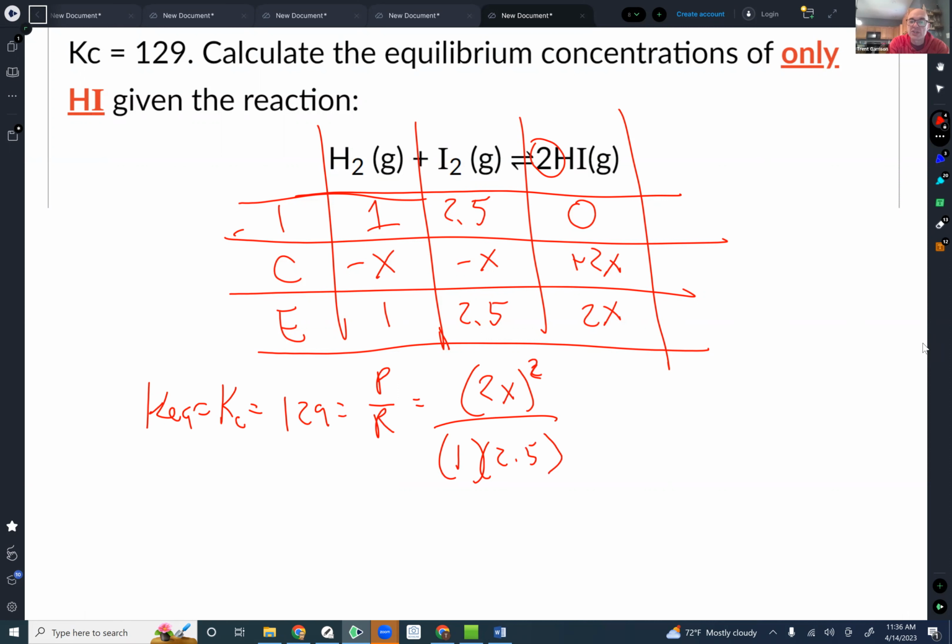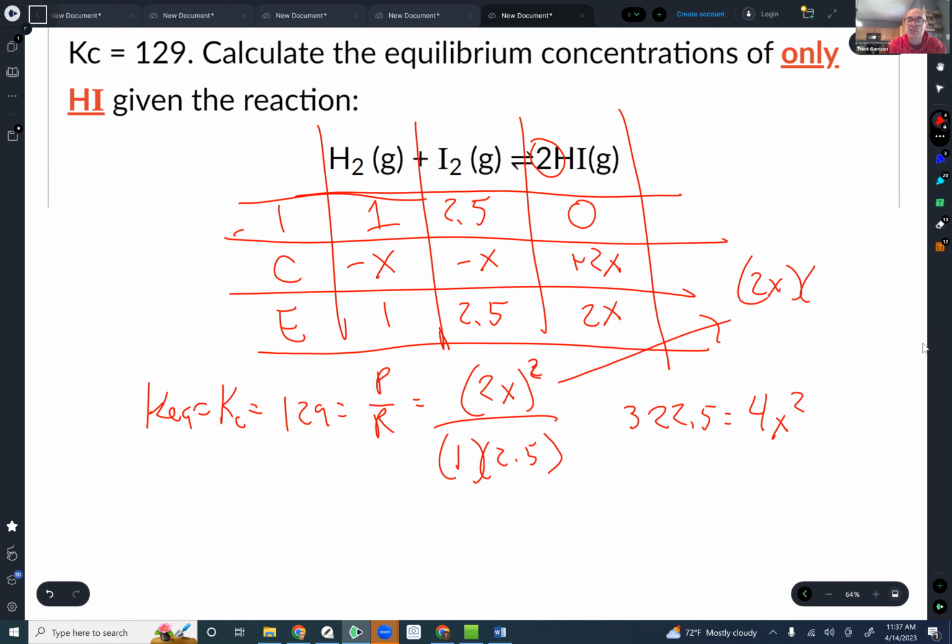So I am going to now multiply 129. I'm going to put this on a good calculator and not on my phone. You should do the same. 129 times 2.5, and you get 322.5 is equal to 4x squared, because 2x times 2x is equal to 4x squared.